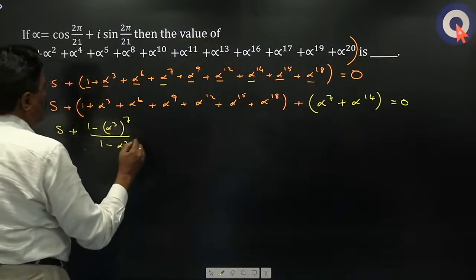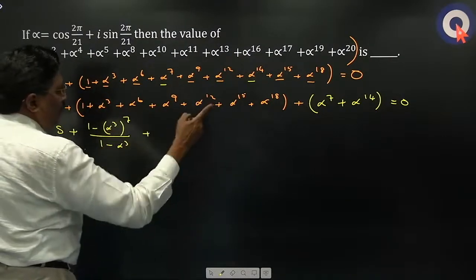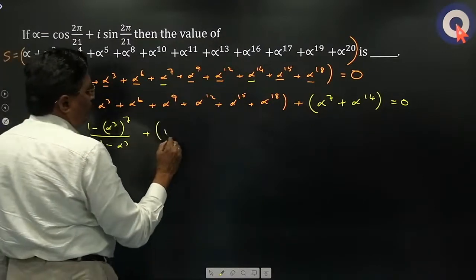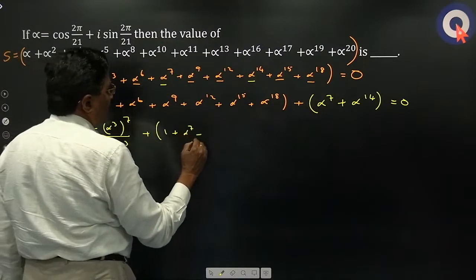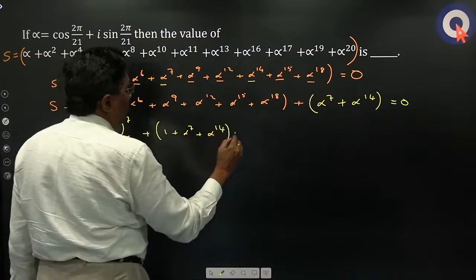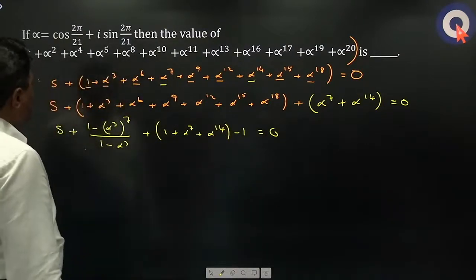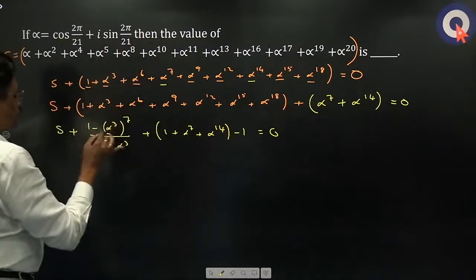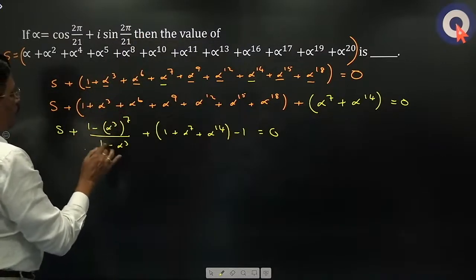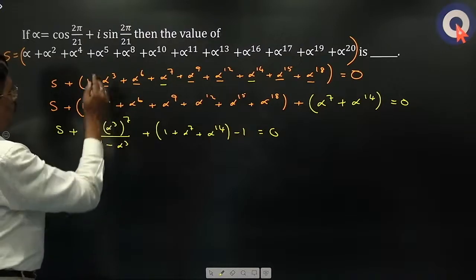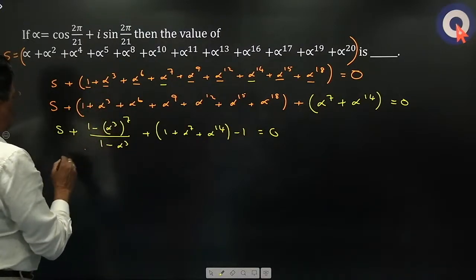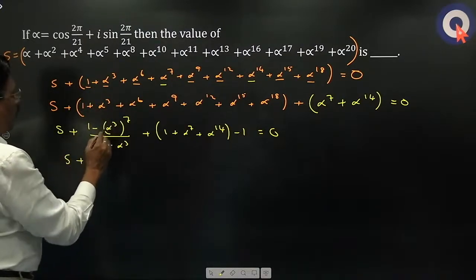1 minus alpha cube plus, here I will write this as 1 plus alpha power 7 plus alpha power 14 minus 1 is equal to 0. All right. Now 3 is not prime to 21. So therefore s is s plus 1 alpha power 21.